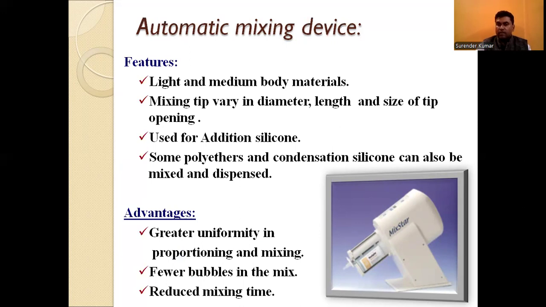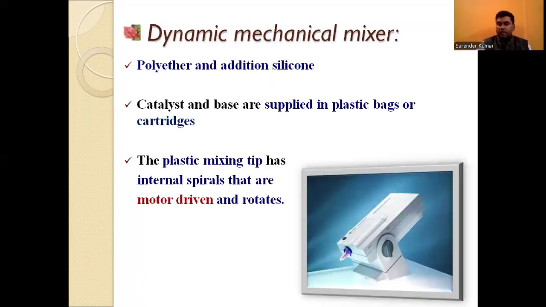Advantages: they have greater uniformity in proportioning and mixing, fewer air bubbles are incorporated, and the mixing time is reduced. There is a dynamic mixing machine for use with polyethers and addition silicones. The catalyst and the base are supplied in plastic bags or in cartridge form. The plastic mixing tip has internal spirals that are motor driven and rotate.